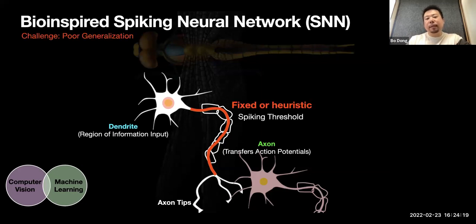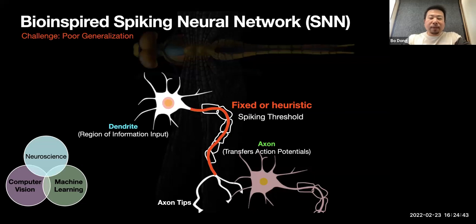The problem here is that in current SNNs, the spiking threshold is either fixed or changing based on some heuristic rules, which is not very promising. We also show that current SNNs suffer from a poor generalization problem.